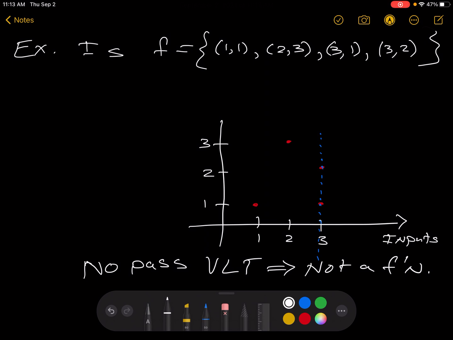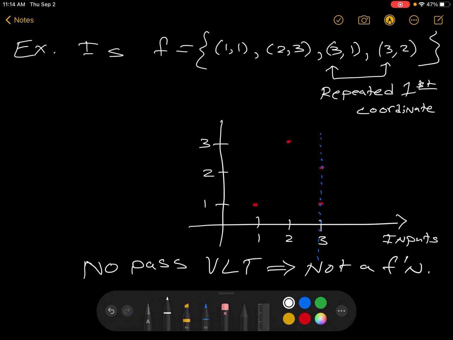Look what happens. There's a repeated first coordinate. This is no mistake, right? Do you see how the 3 is a repeated first coordinate?